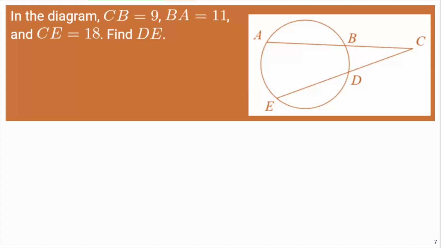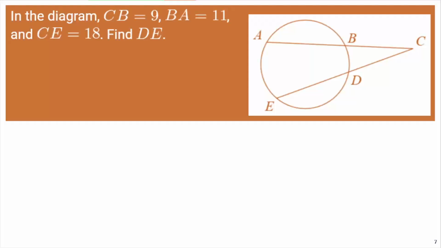Again, I'll give you 30 seconds to consider this problem, and after that, we'll have a look at the solution together. Alright, have you finished? Let's have a look at the solution together.